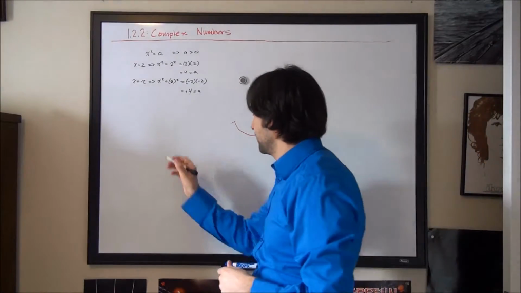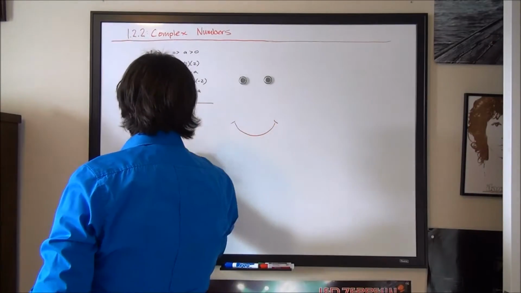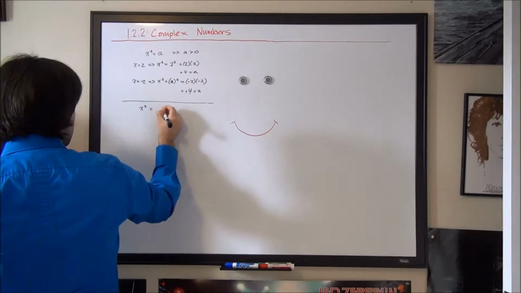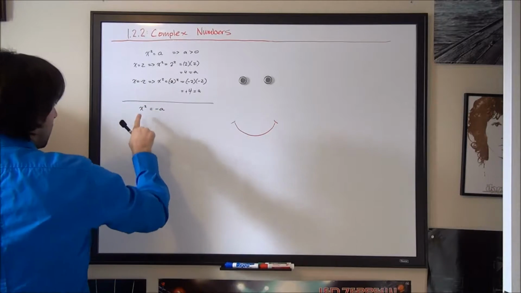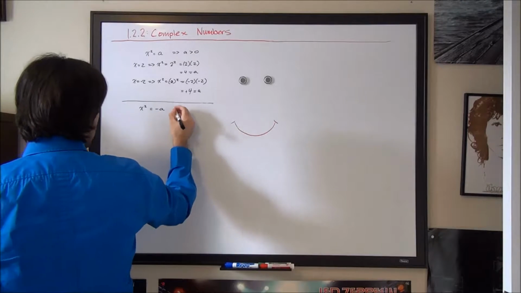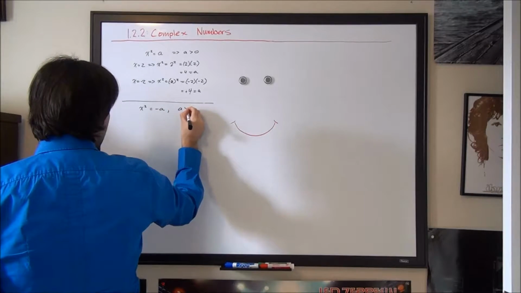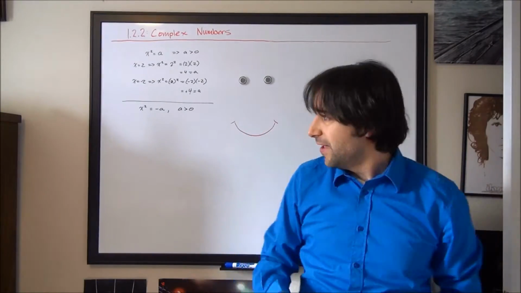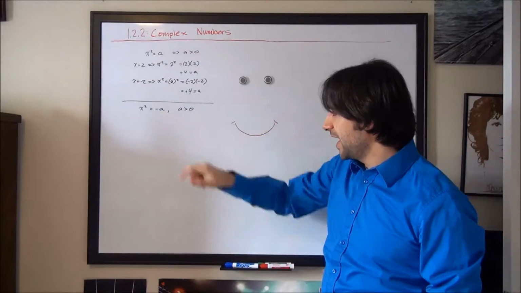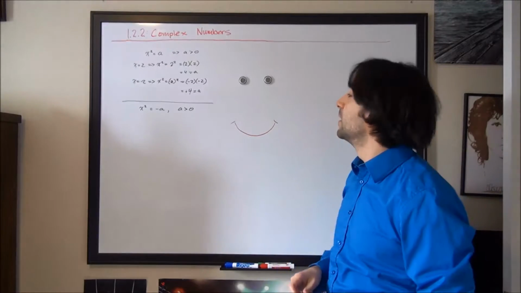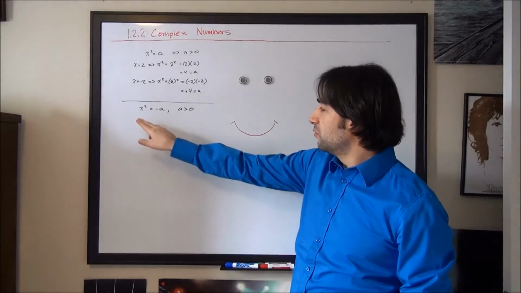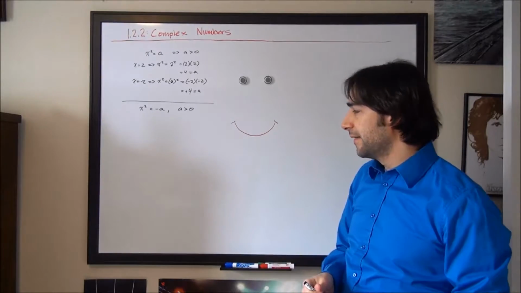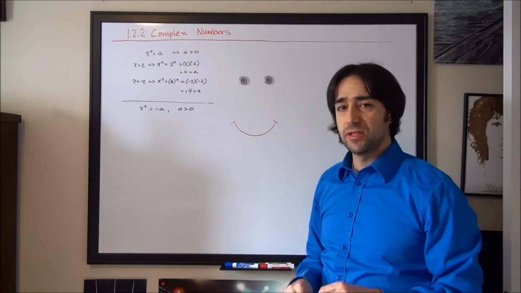Great. But what if we force this situation now? What if we force ourselves to try and come up with a solution of this? x squared is equal to negative a, where we've already determined that a must be greater than 0. If a is greater than 0, then negative a is obviously a negative number. But there's no real value of x that will result in a negative number here. But let's try to find some solution of x anyways.